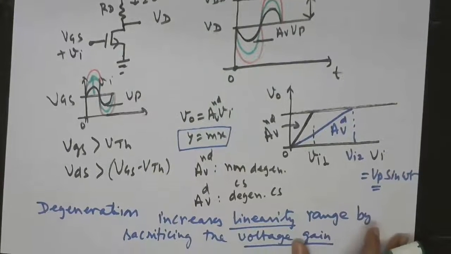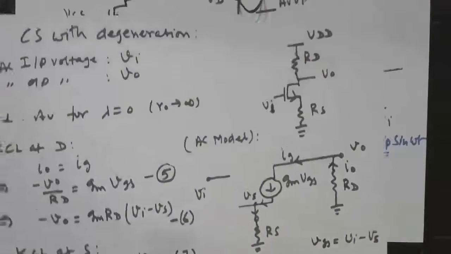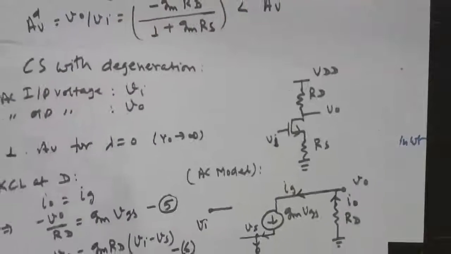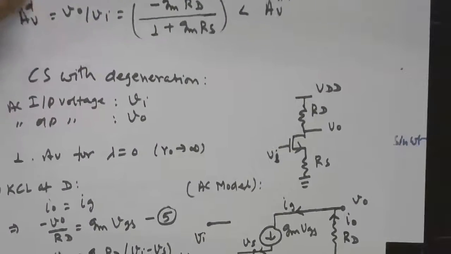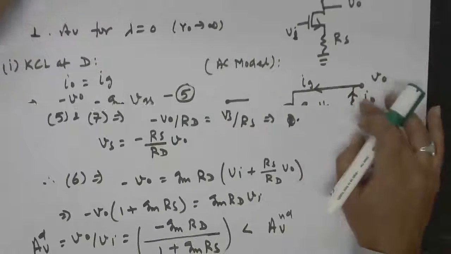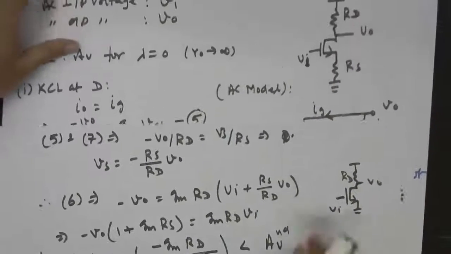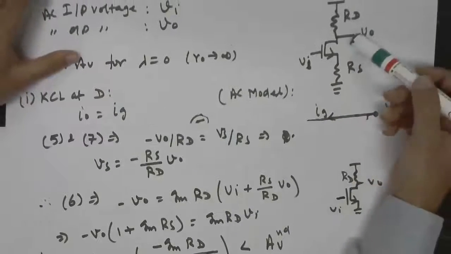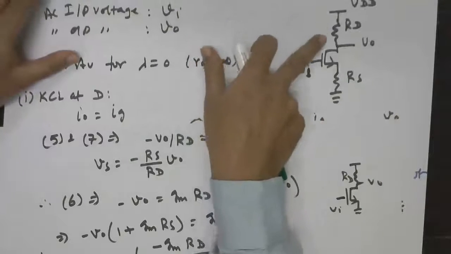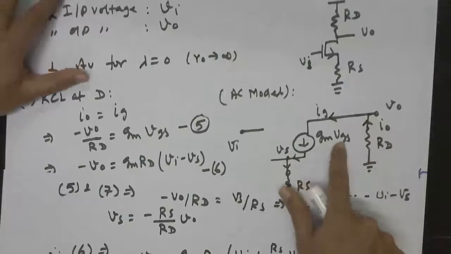Okay, so now let us qualitatively try to get a feel for why gain should get reduced. This circuit says, from here or even from here, that the output is basically decided by the time varying current flowing through this RD. And the current flowing through this RD is basically equal to GM into VGS.